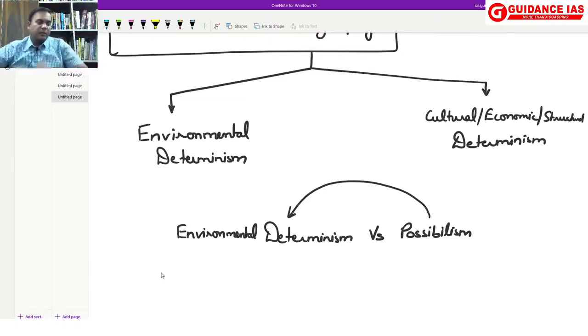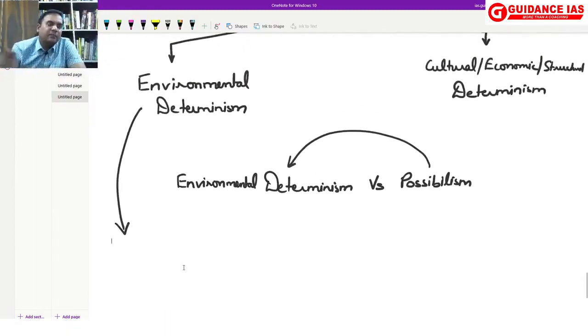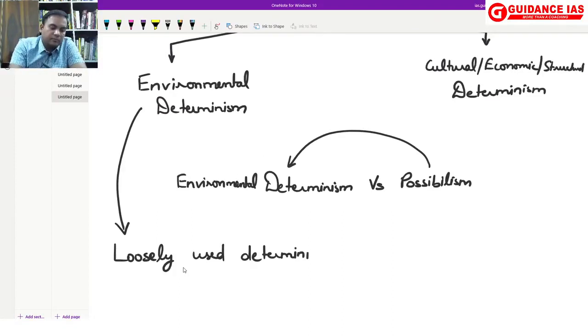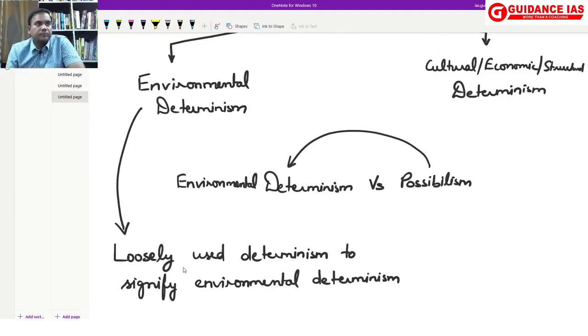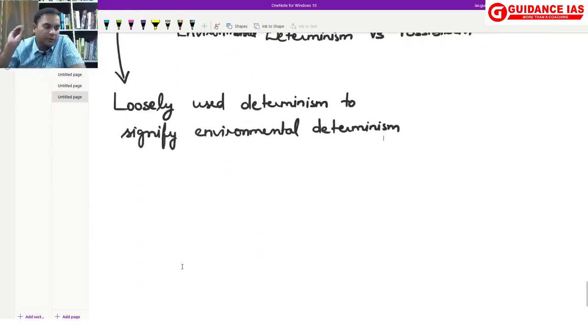In geography, geographers have loosely used the term determinism to signify environmental determinism. That is why the confusion, in so many books or texts when you are reading.